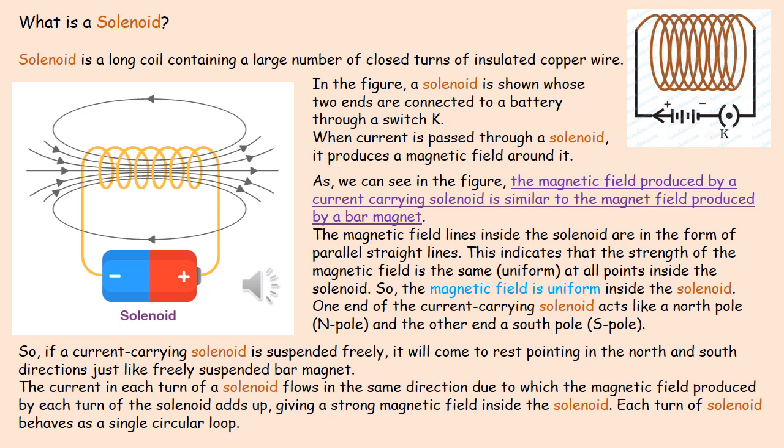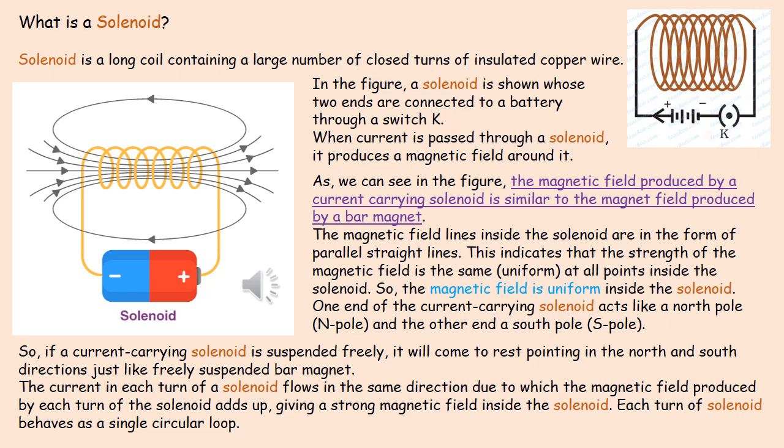The current in each turn of a solenoid flows in the same direction, due to which the magnetic field produced by each turn of the solenoid adds up, giving a strong magnetic field inside the solenoid. Now we know that each turn of the solenoid behaves as a single circular loop.